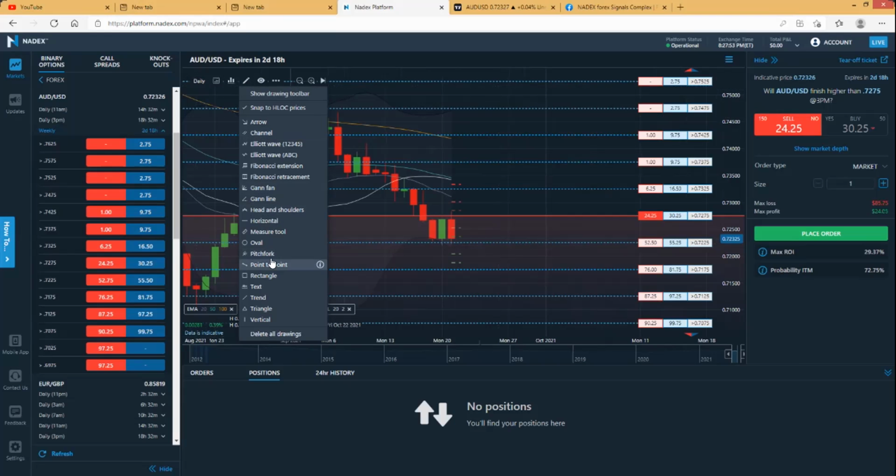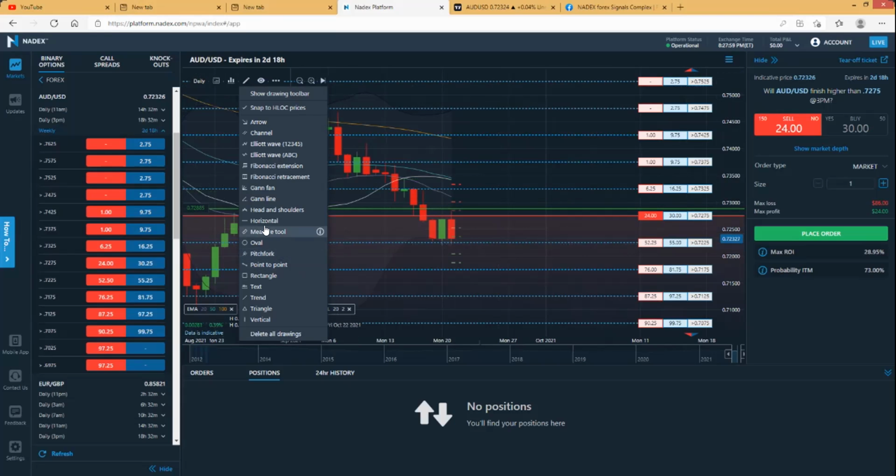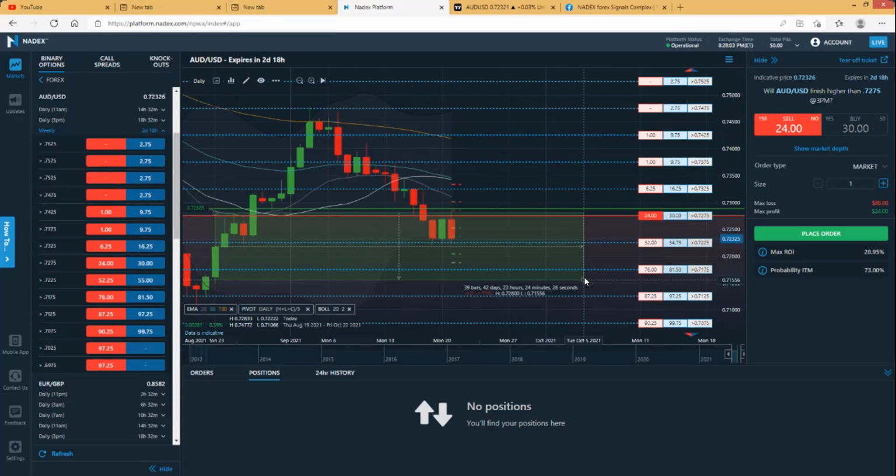What you want to do is buy in the money options. So basically, it's going to look like this. Everything below 0.7288.